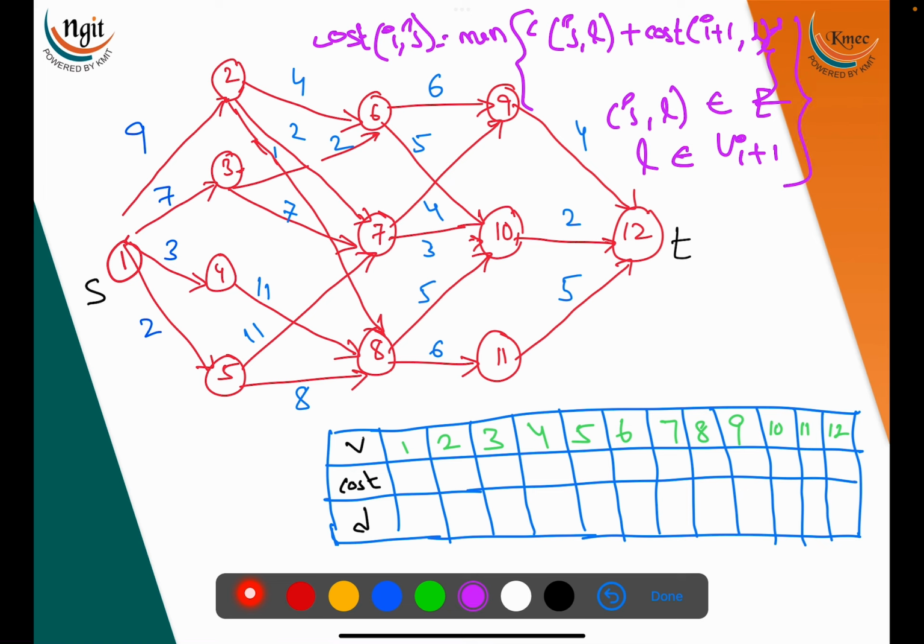This is the formula to calculate the cost of the edge. You can take any example from this graph.